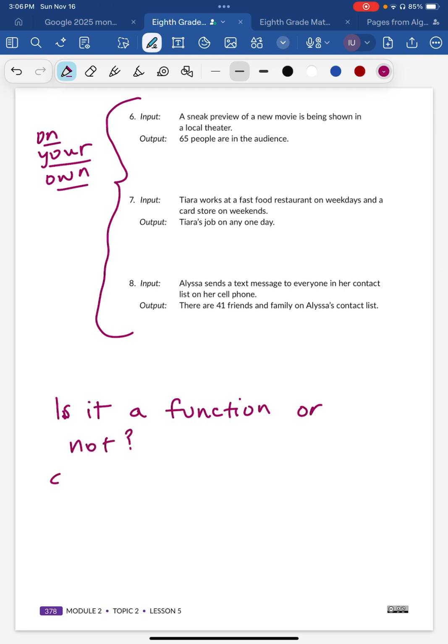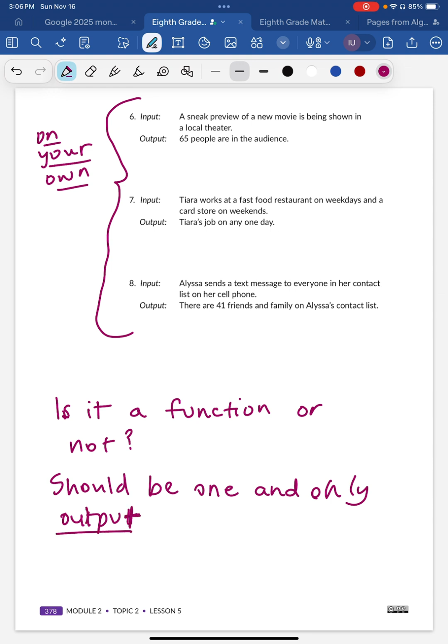And there should be one and only one output for each input.